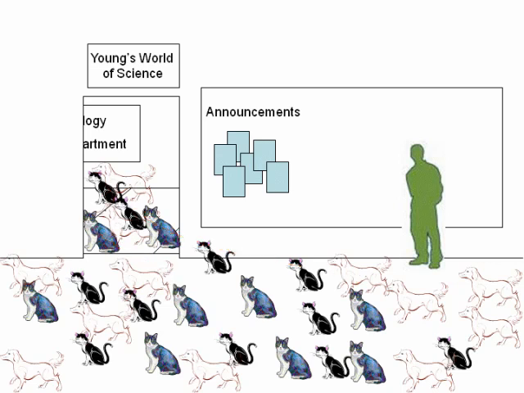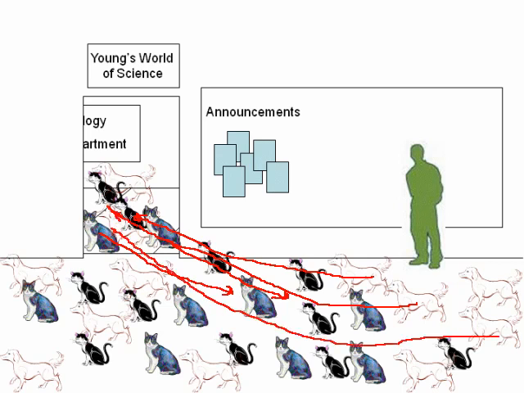Now, what if we bring in one cat and two cat, and we remove one dog, two dog, three dog.